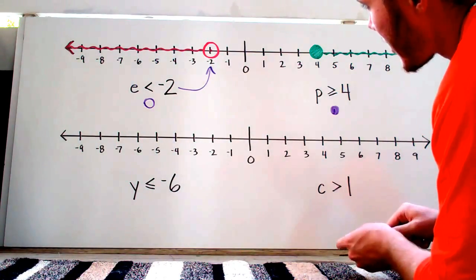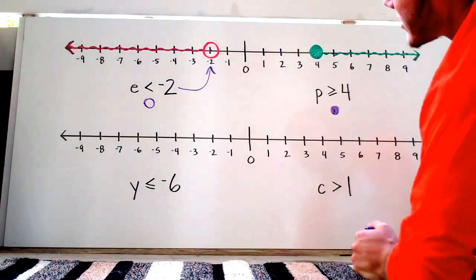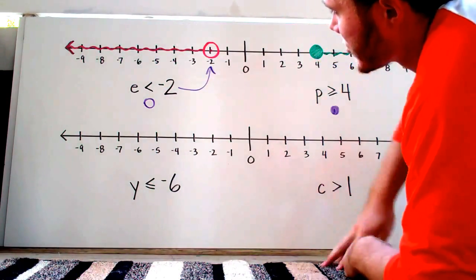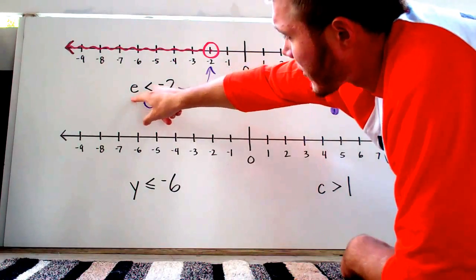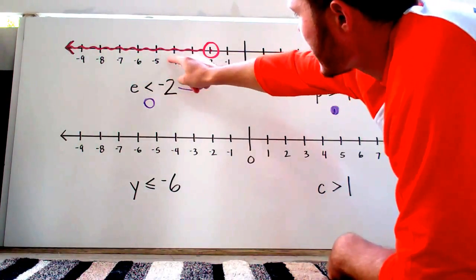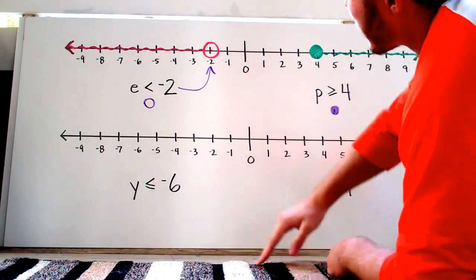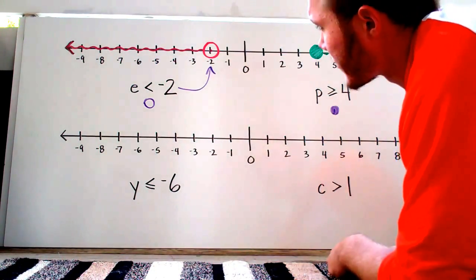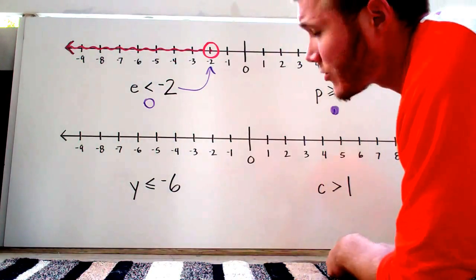Okay, and the reason for that is because E is less than negative 2. So that means any number less than negative 2 will make that inequality true. If we plug it in for E, right? We can plug in negative 3, negative 4, negative 5, but we can't plug in negative 2. And that's why there's an open circle around the negative 2, because that is not a possible solution.